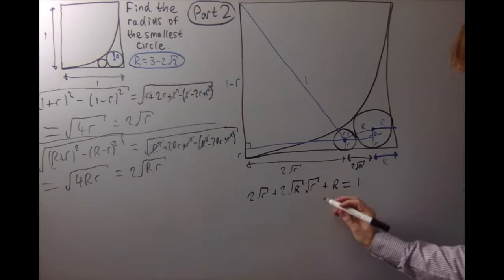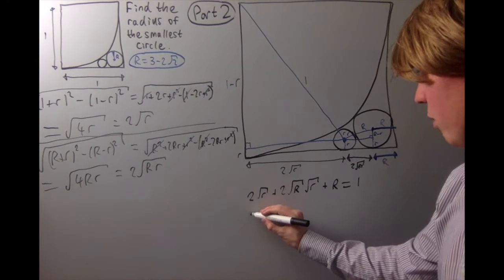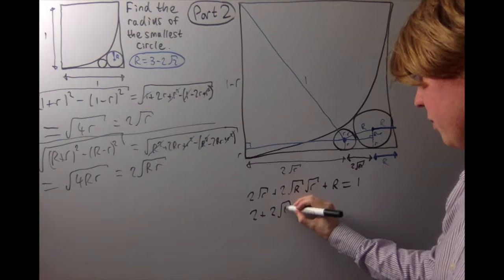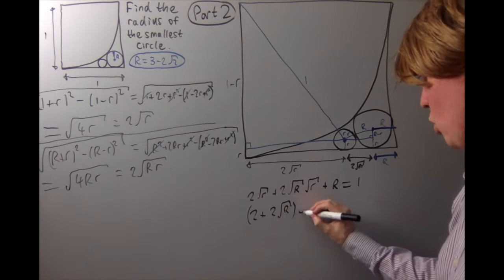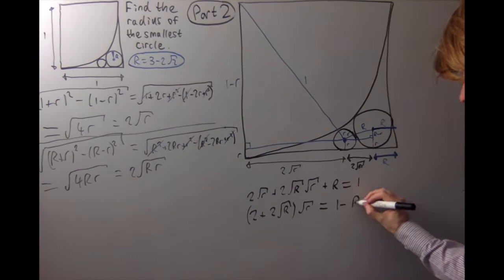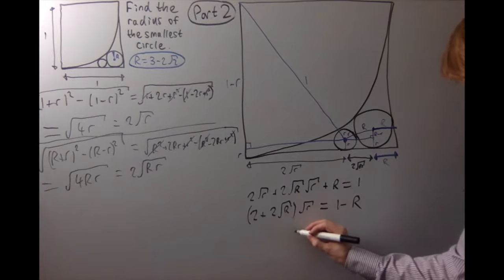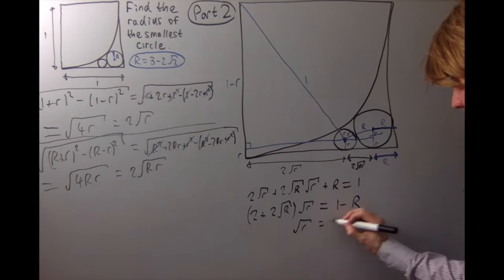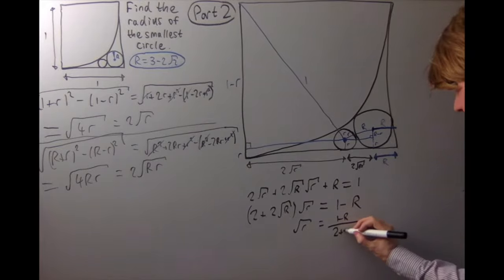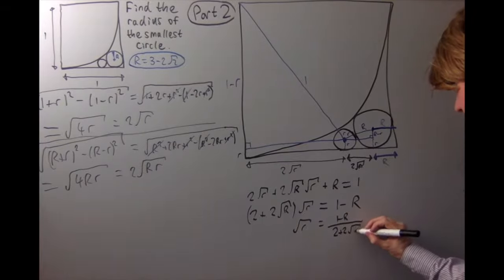What I can do now is rearrange this to find an expression for root r. So I'll have 2 plus 2 root capital R times root small r is equal to 1 minus big R. So the square root of small r is equal to 1 minus R over 2 plus 2 root big R.